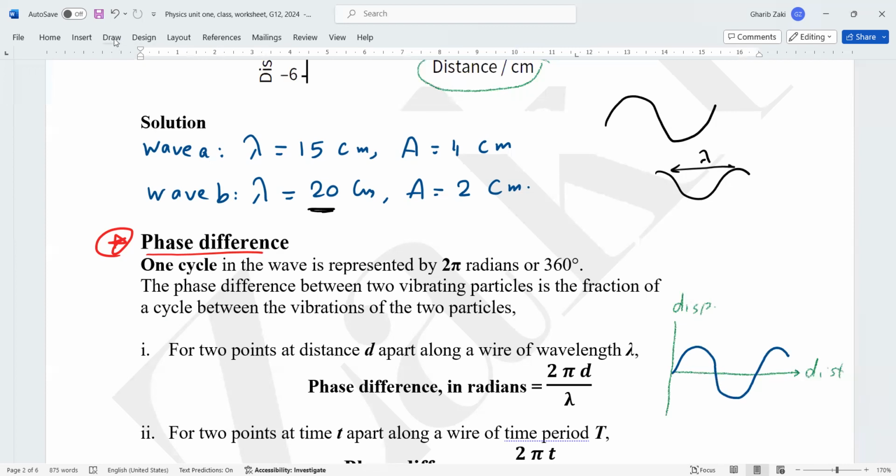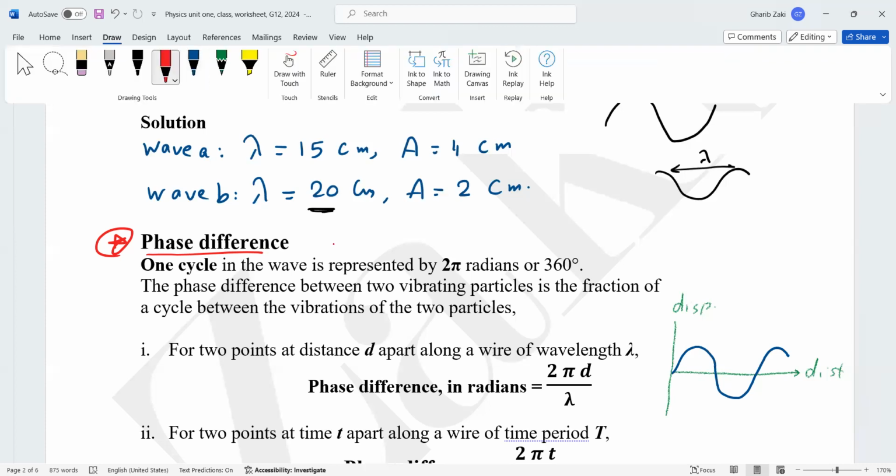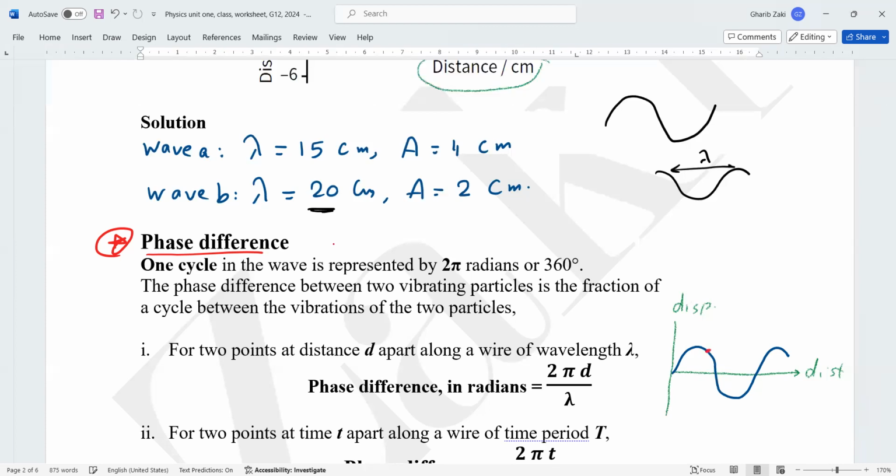What is the phase difference between 2 points on the wave? For example, this is point A and this is point B. We need the phase difference. Okay?